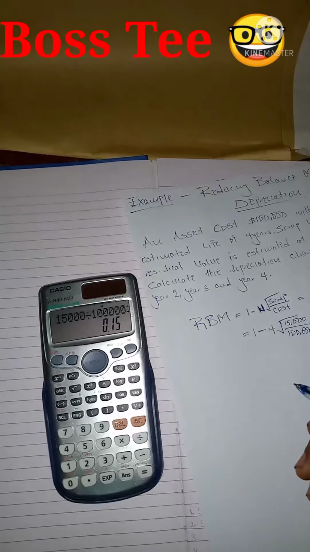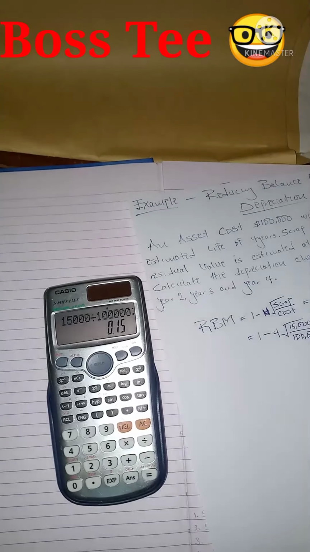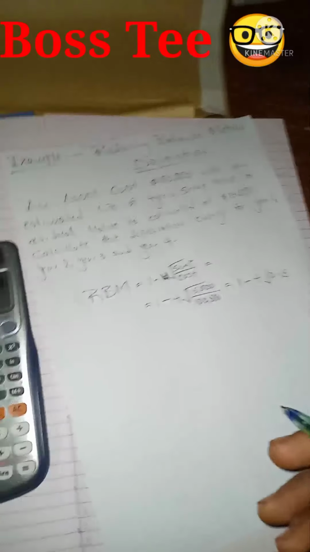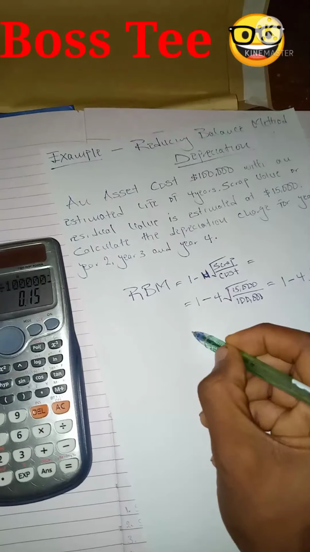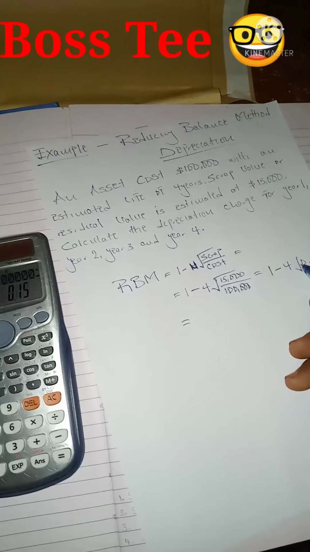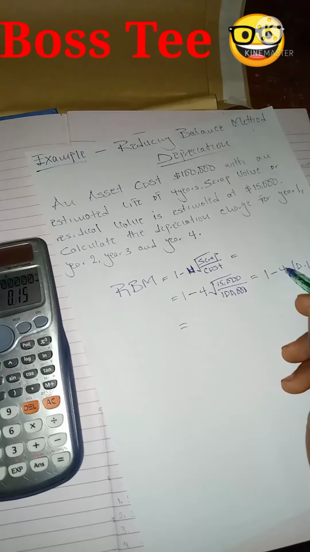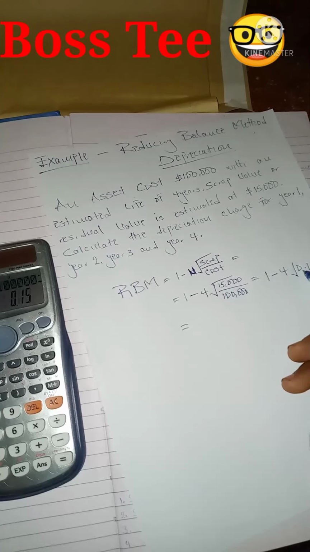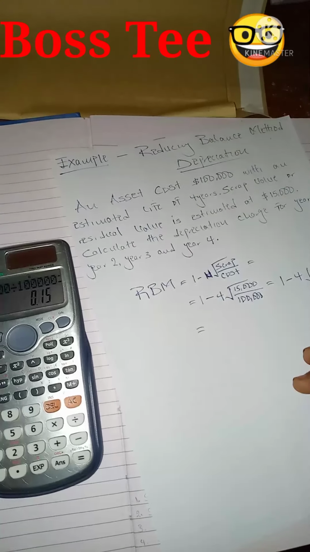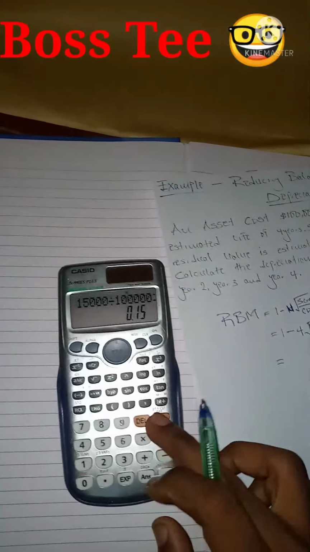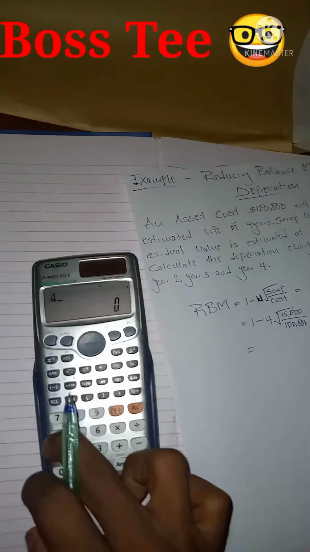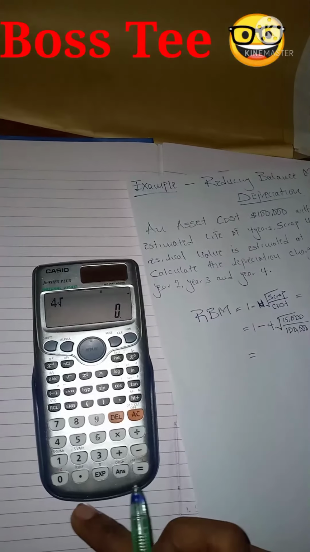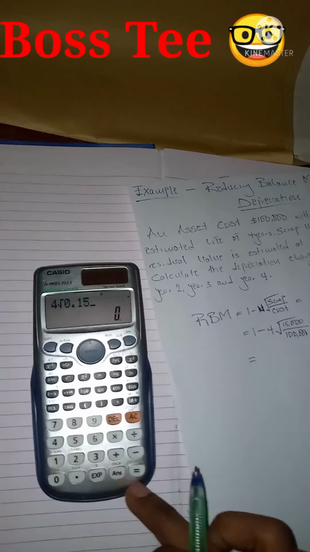We then search again. We take the fourth square root of 0.15.